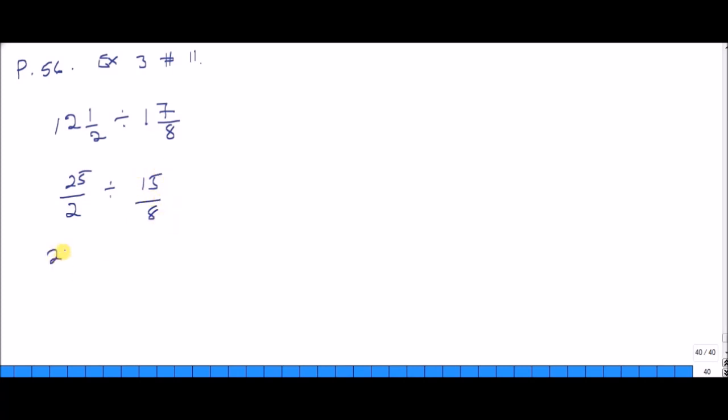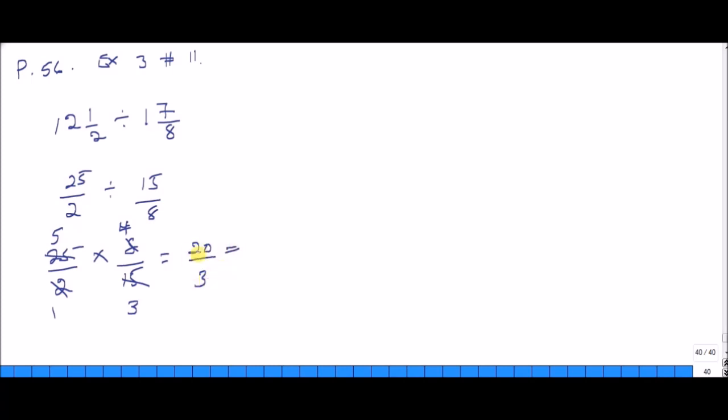So we have 25 over 2 multiplied now by what? 8 over 15. 2 into 2 one time, and 2 into 8 would go 4 times. We say 5 into 15 can go 3 times, and 5 into 25 can go 5 times. 5 fours would make 20 over 3.